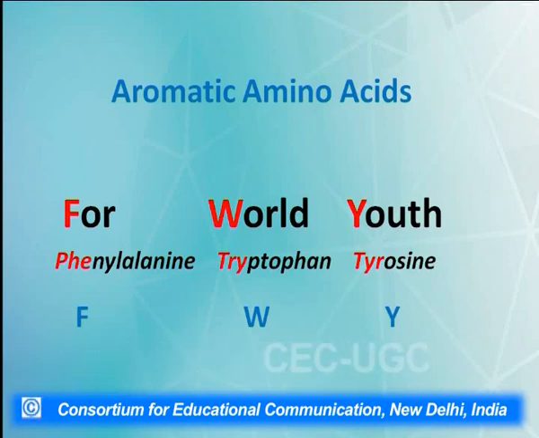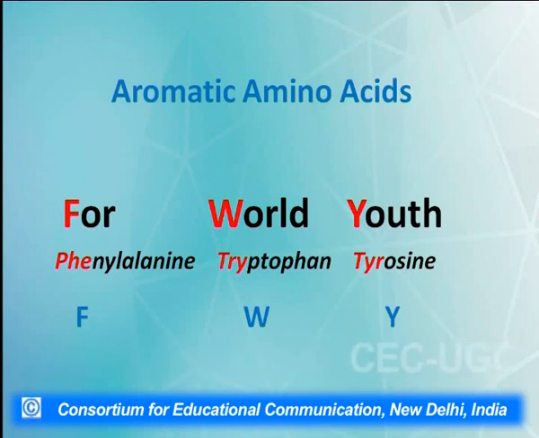Rather, I have taken the first word. So for means the symbol F for phenylalanine, W symbolizes tryptophan, and youth, Y of youth indicates tyrosine.